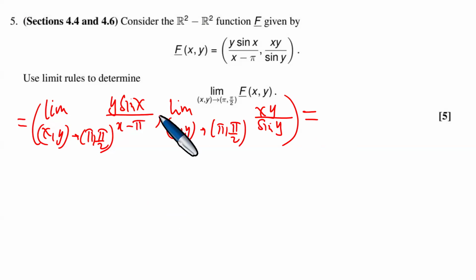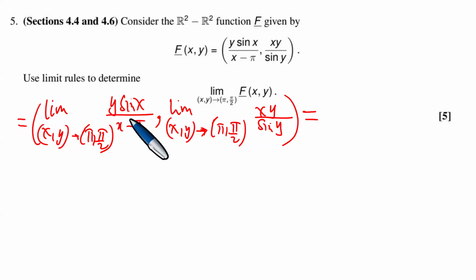So we have the following. Now, at this point, let's look at this one.